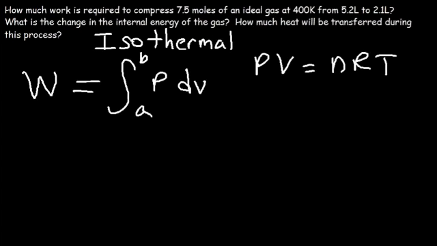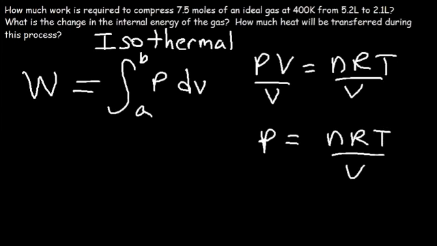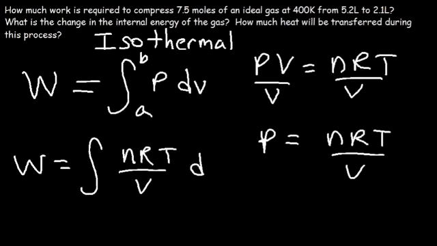Now let's get P as a function of V. So if we divide both sides by V, P is equal to nRT divided by V. So therefore we have this equation.